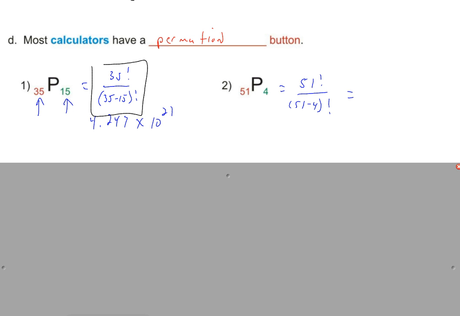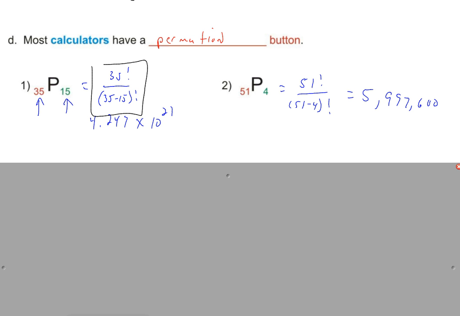So this one you got, what, 5,997,600 different ways you can arrange 51 objects in a 4-object group. Almost 6 million different ways. Because remember, for a permutation, what matters? What matters for a permutation?